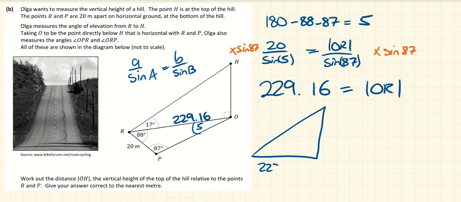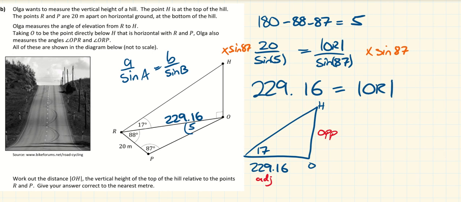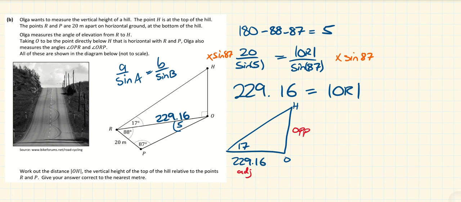Okay, so we get 229.16 down here, and that leaves us with a nice triangle, just like this. So we've got 229.16, we've got 17, and we've got OH. Now, we know how to get the height here. So we've got an opposite, we've got an adjacent. You know what to do at this stage. We have tan 17 equals OH over 229.16.